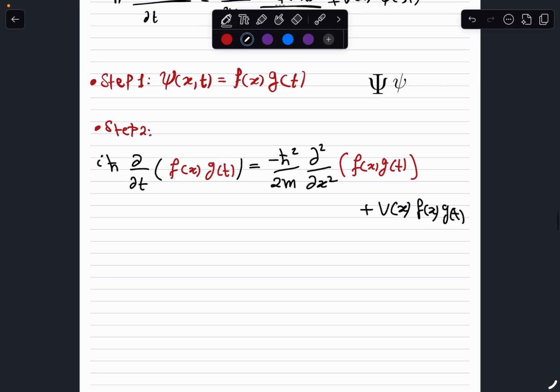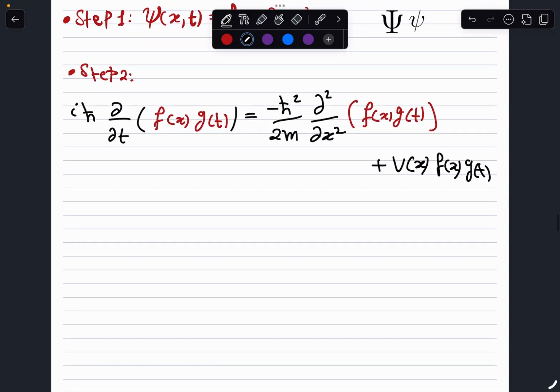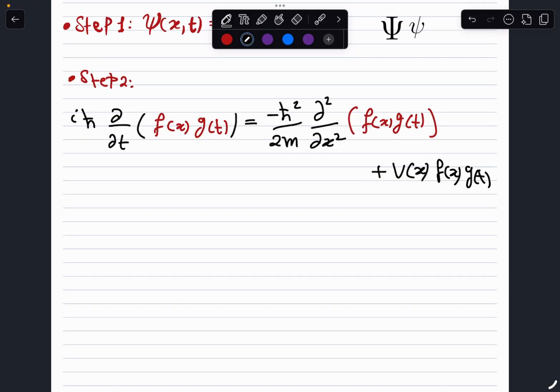Now allow me to drop the x and the t, and know that f is a function of x and g is a function of t, because I don't want to write f of x and g of t every time.